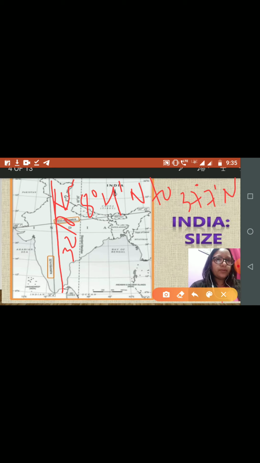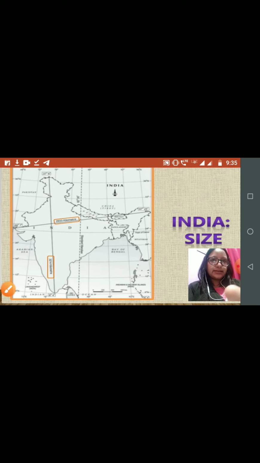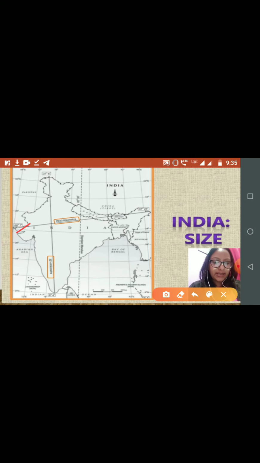Then we will see its longitudinal extent: 68 degrees 7 minutes east to 97 degrees 25 minutes east, covering a distance of 2933 kilometers.